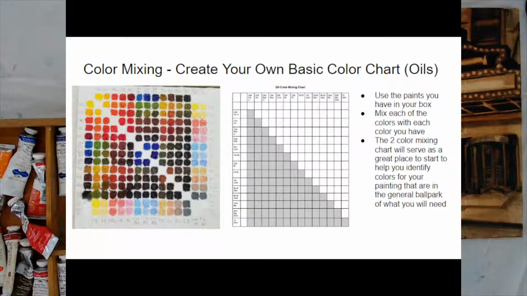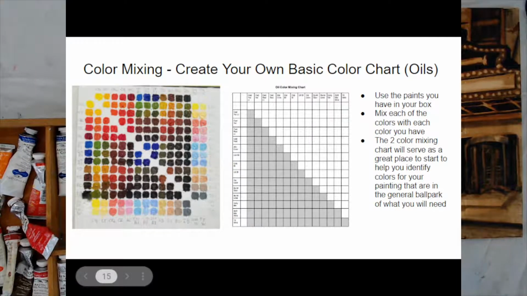So in order for you to be able to predict exactly how your colors that you have are going to mix, you need to make your own color mixing chart based on those paints, and not a pre-made chart. This chart here is going to be your best indicator of how to mix the paints that you have to get the colors that you want.